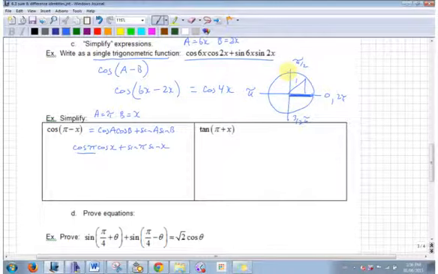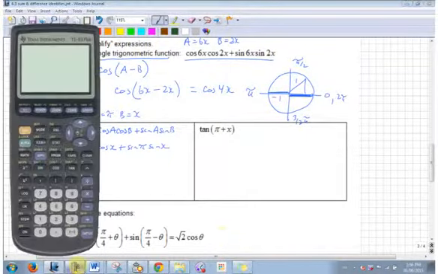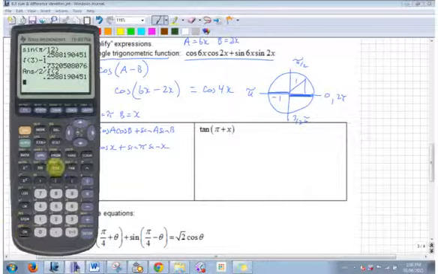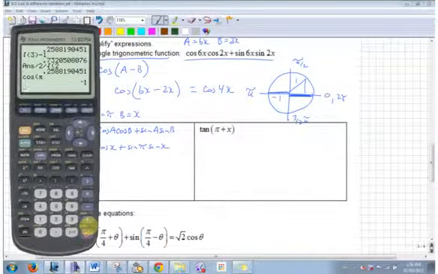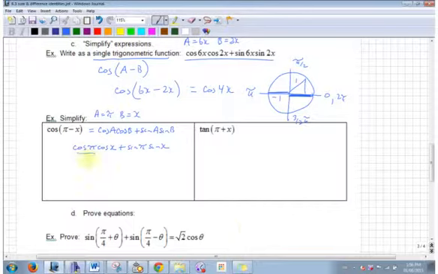Here, cosine is 0, because there is no x component vertically. Over here, what is x? It's negative 1, right? Oh, look, I'm right. That's negative 1 cosine x.